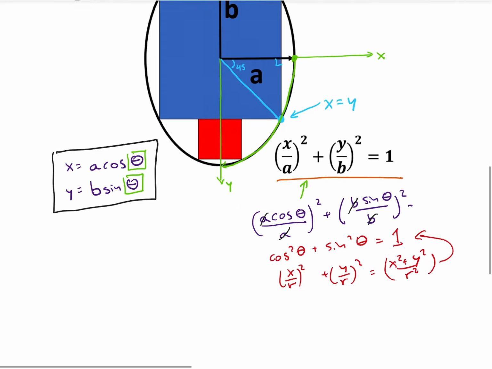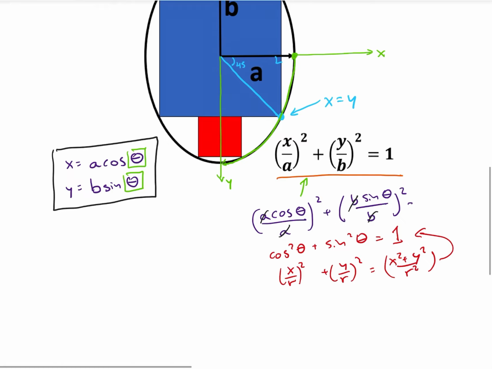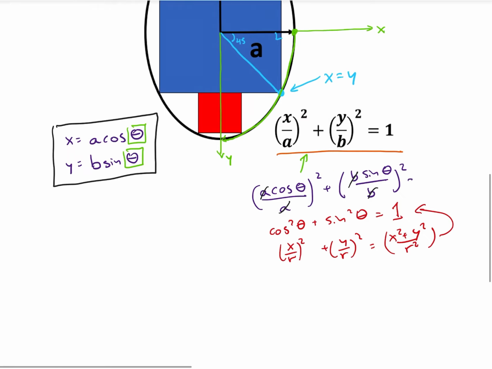So I want to find my value of theta, which remember is not that angle 45, such that my x value is equal to my y value. Let's do that. I'm going to set a cosine of theta equal to b sine of theta. That gives me a over b is equal to sine of theta divided by cosine of theta, which is equal to tangent of theta.